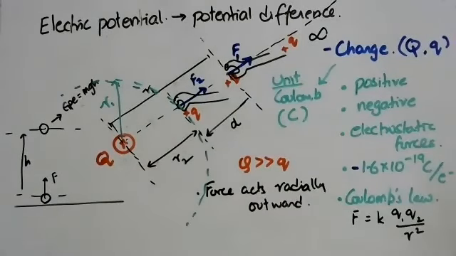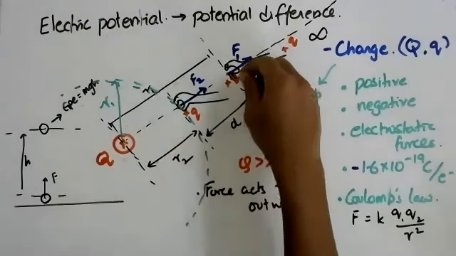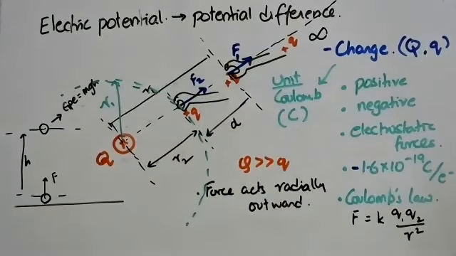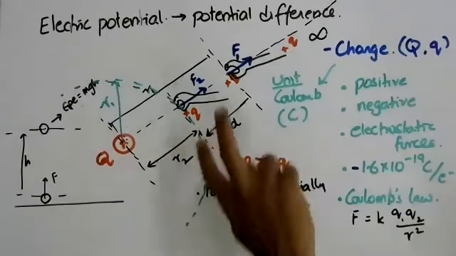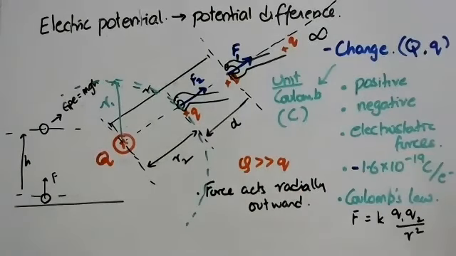But we define electric potential then as the amount of work required to move 1 coulomb of charge from one position to another position. And that is the electric potential at any point around the charged object.